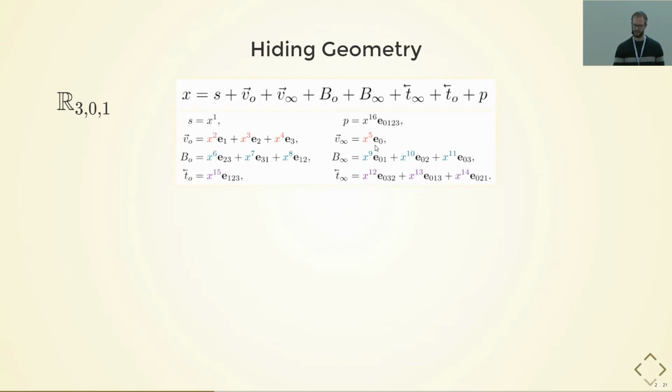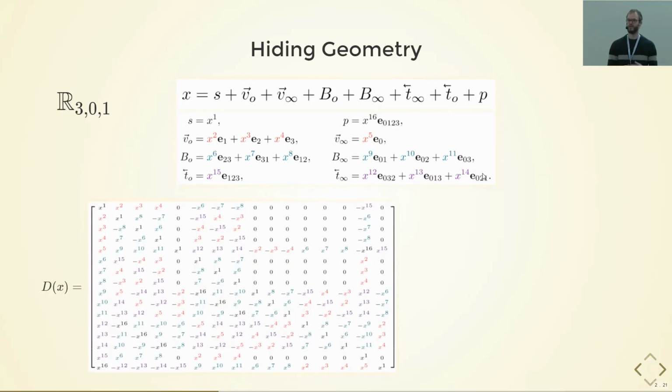And then I have the last part, e0, that is the plane at infinity, the horizon. And the same is true for all of these. So that's where this notation comes from. So I have a line through the origin, and I have a line at infinity. I have a point through the origin, which is the origin, and I have a point at infinity.